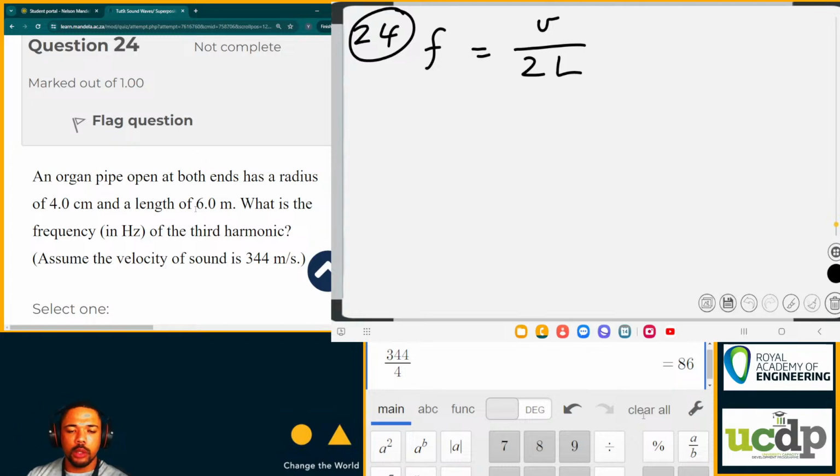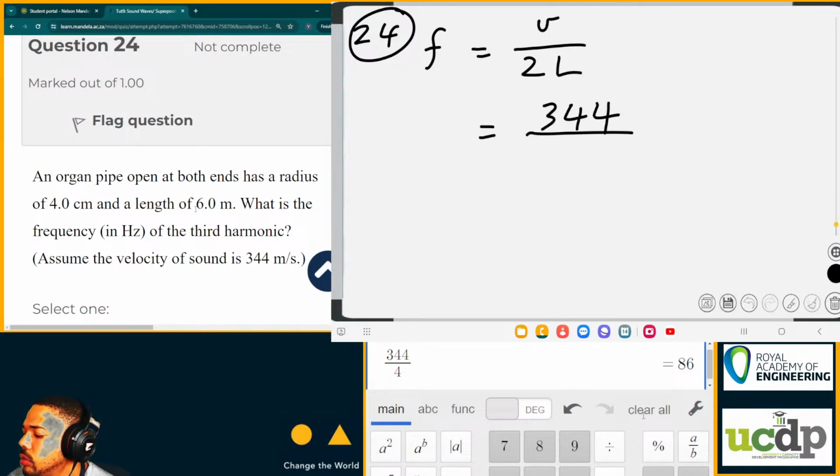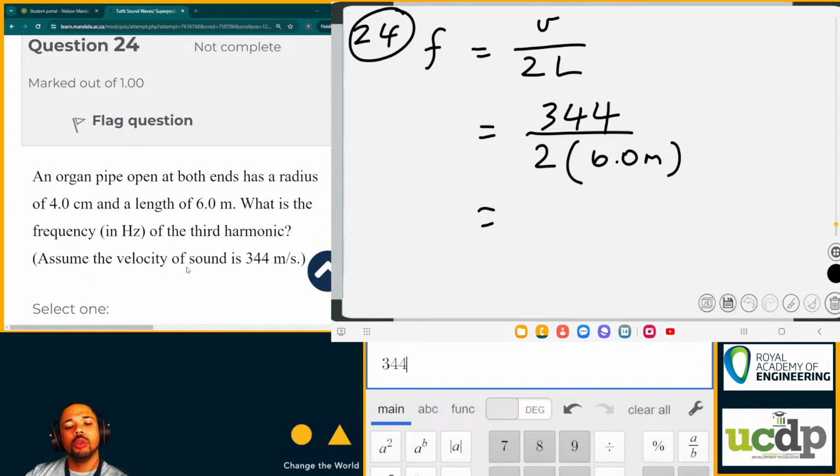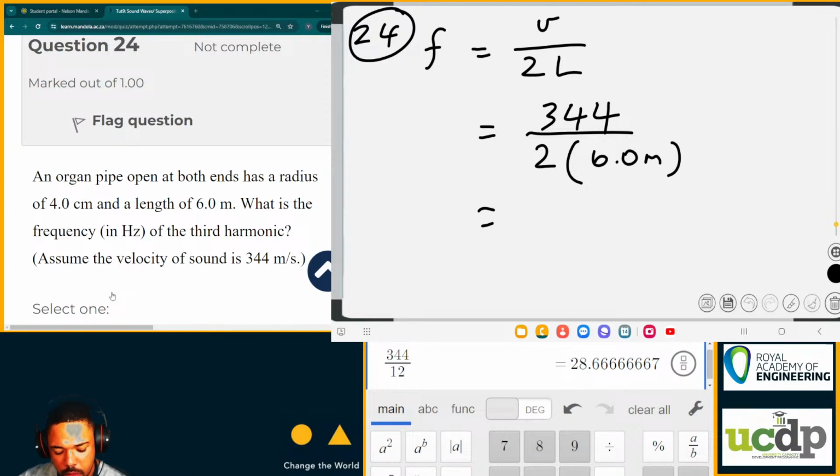Now the speed is 344, and 2 times the length of this pipe, which is 6 meters, is 12, so 344 divided by 12. That gives us 28.67, or just 28.7 hertz. That's the fundamental frequency.